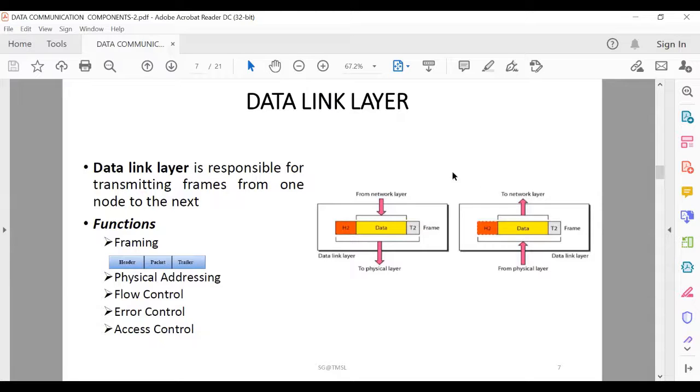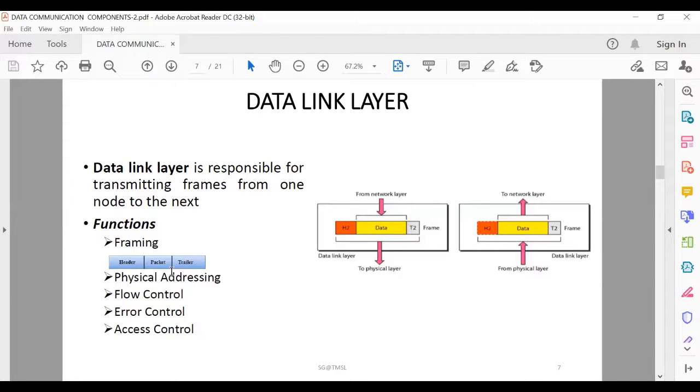Now there are different functions. The first is framing. Framing means it translates the physical raw bit stream into packets, and this packet is known as a frame. The data link layer adds a header and trailer to this frame.